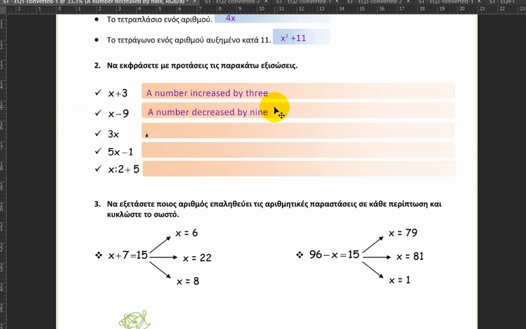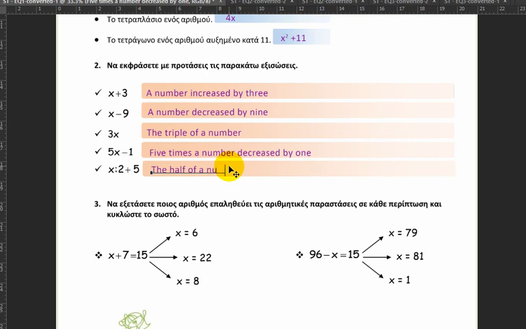And then we have 3x means the triple of a number. 5x minus 1 means 5 times a number decreased by 1. X divided by 2 plus 5 means the half of a number increased by 5.